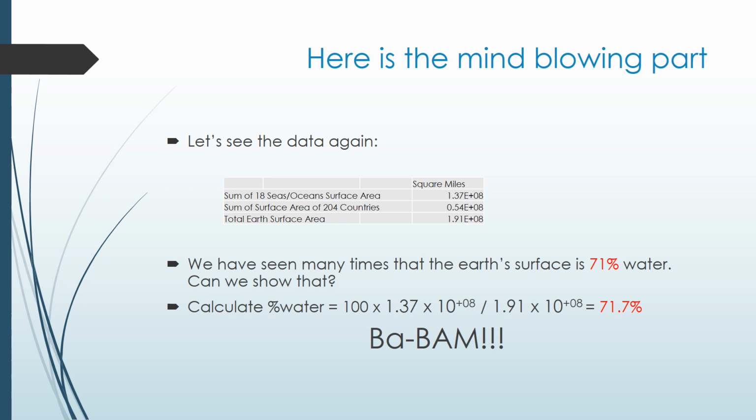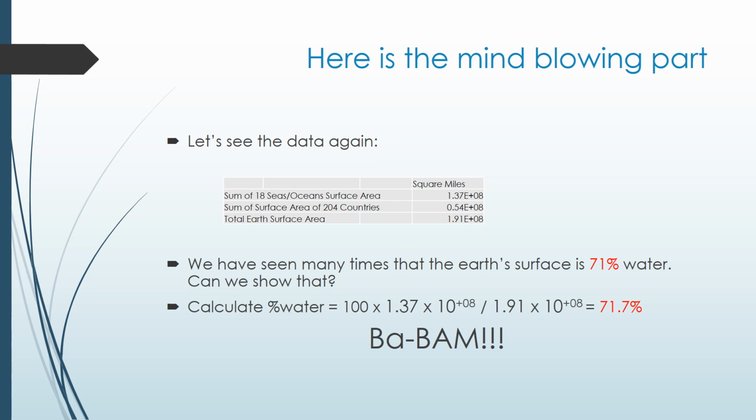So let's look at that data again just for interest's sake. Again, the sum of the surface area of the seas, 1.37. The sum of the surface area of the 204 countries plus Antarctica, 0.54 e to the plus 8. The total surface area, 1.91 e to the plus 8.